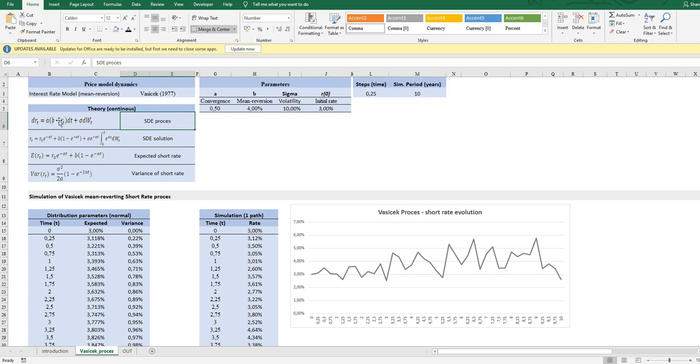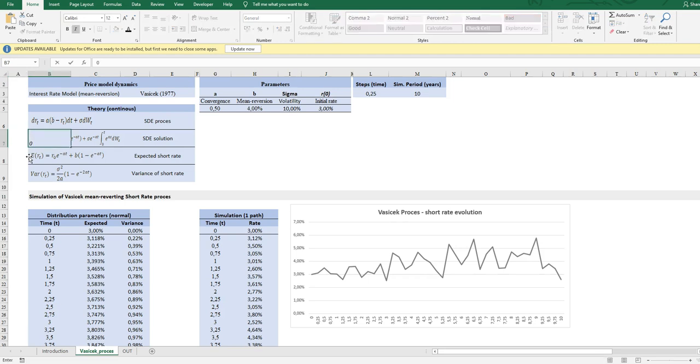It has one feature that is often criticized, and that is that the short rate can turn into negative territory, because the interest rate process here, the solution to the SDE, is a normal distribution, or the rates are drawn from a normal distribution. So in principle, the short rate at some future point in time can turn into negative territory.